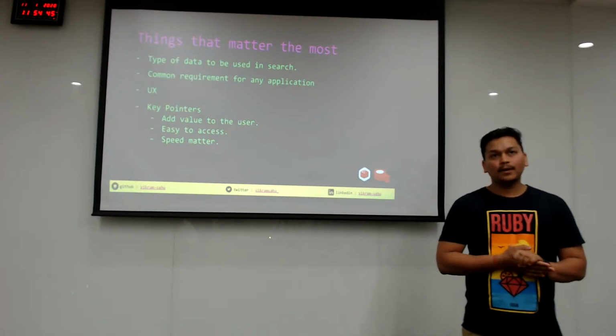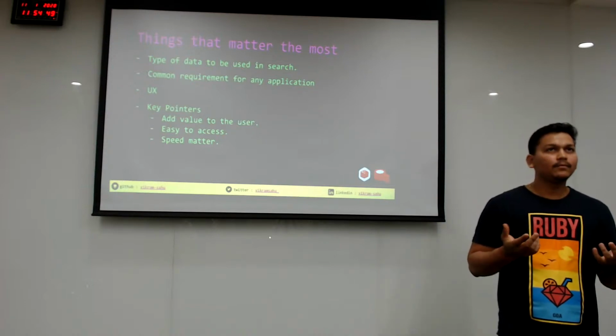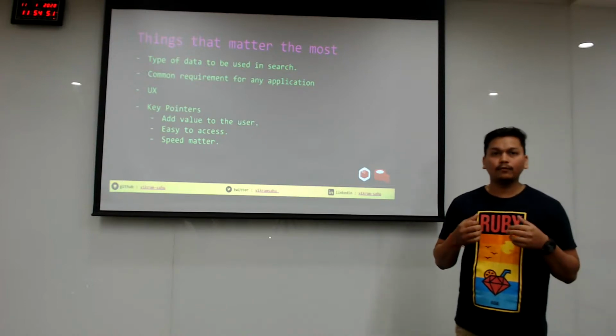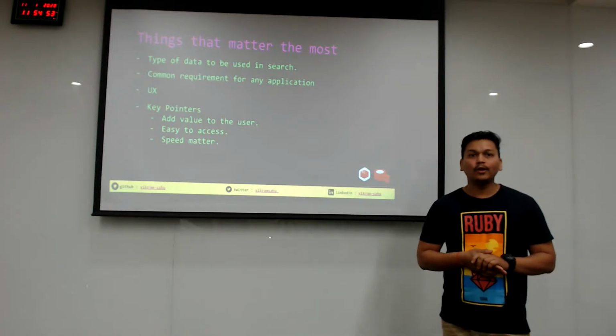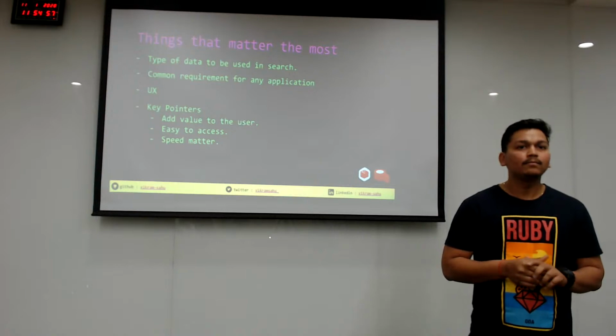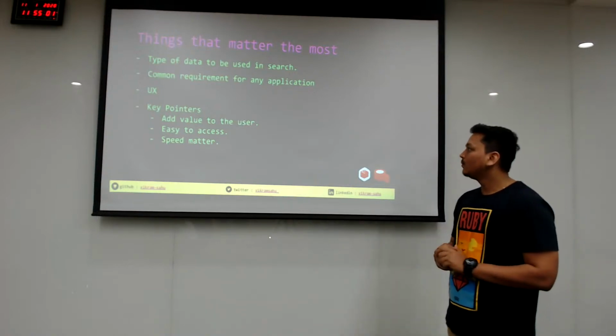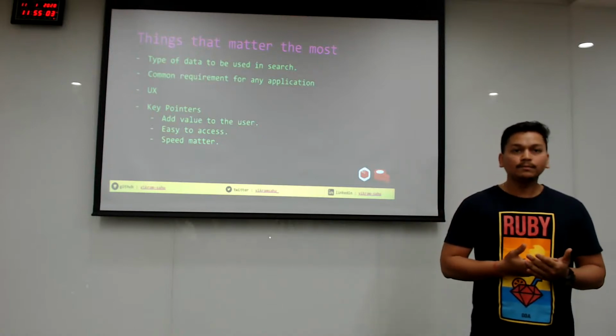If you type I want free notes, or free lectures, or Udemy, and Udemy gives you only paid notes, will it do? No, that is a very bad experience, right? So it should add value to the user.